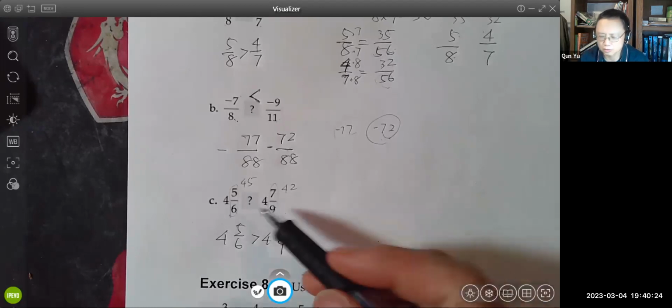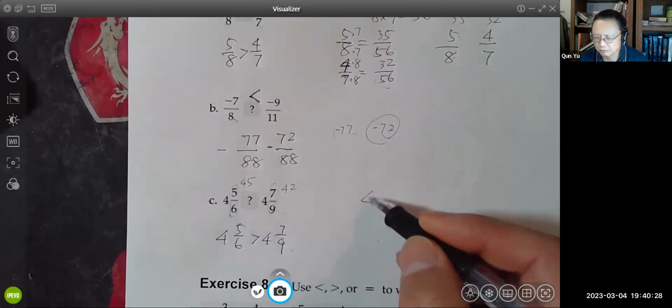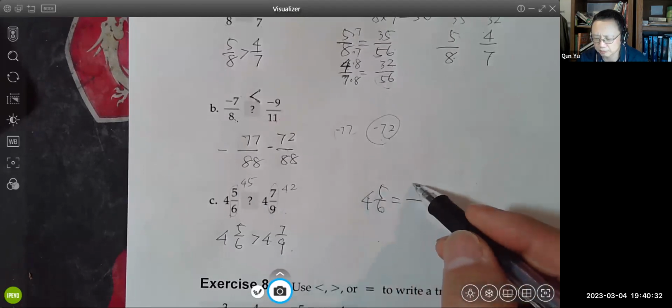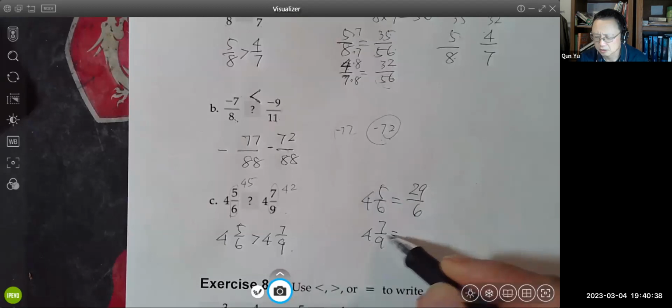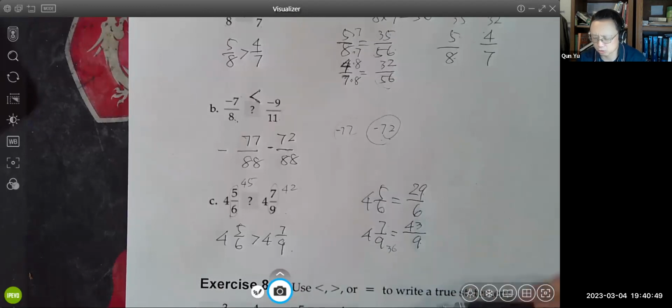And if you're not sure, you can convert each one to an improper fraction first. Say 4 and 5/6 equals 6 times 4, 24, plus 5, 29 over 6. The other one is 4 and 7/9: 4 times 9, 36, plus 7, 43 over 9. Now you compare these two, 29 over 6 and 43 over 9.